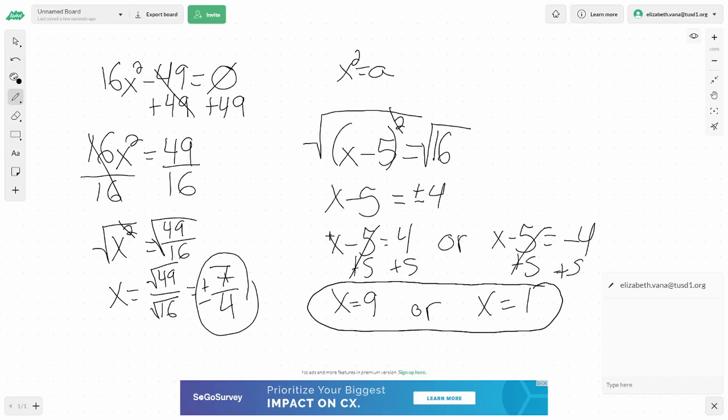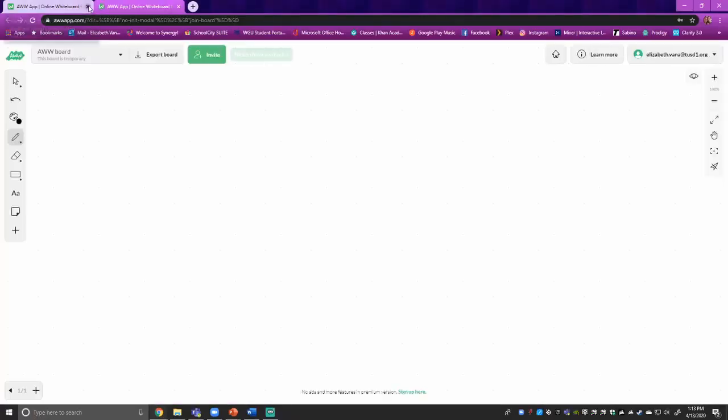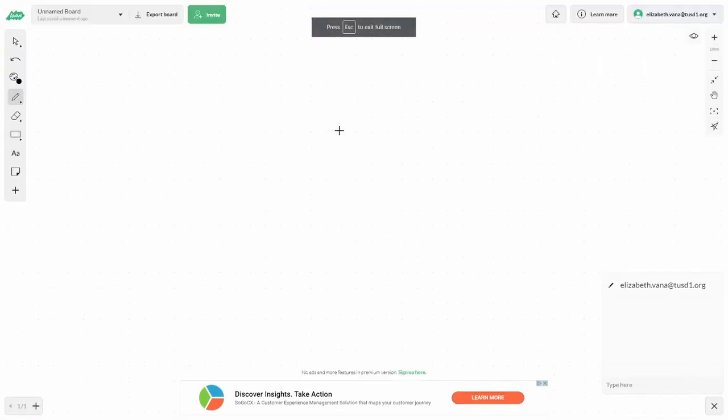All right. Let's look at one or two more examples here. Let's get a new, fresh, clean board. What if we had x squared equals 18?